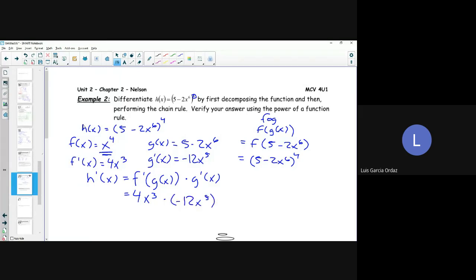But because g of x is contained in f prime of x, what do I need to sub in for my x? Remember, we're talking about composite functions. F prime of g of x. What would I need to sub in for my g of x?